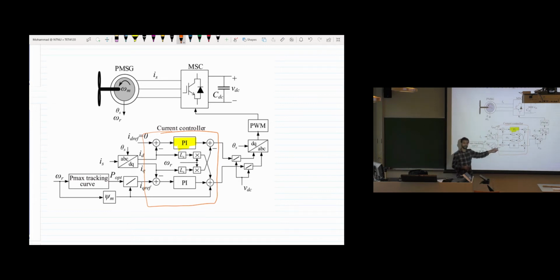If we put some amount of Q-axis current, does it give us the maximum torque? Or what will be the D-axis current that gives us the maximum torque? Since we have only two control inputs, and we have these two references, we try to extract the maximum torque from the machine. This is the ultimate goal, to have the maximum torque.